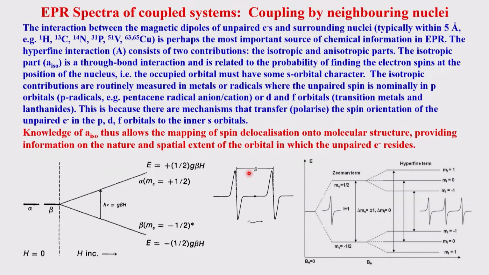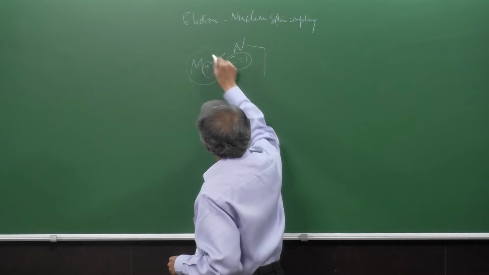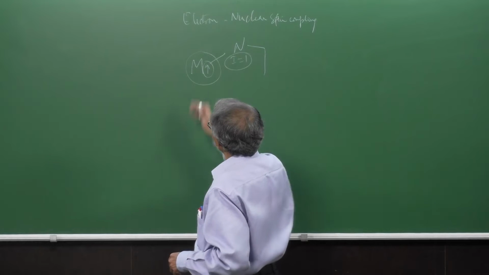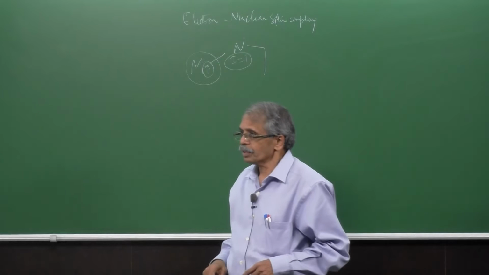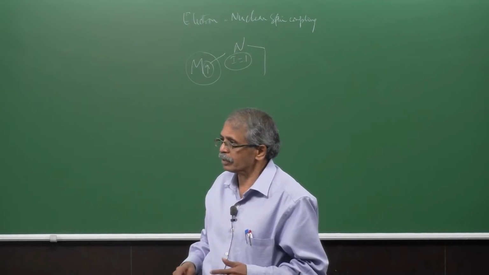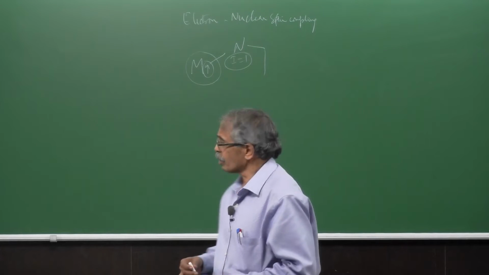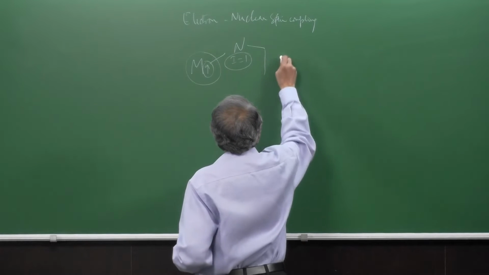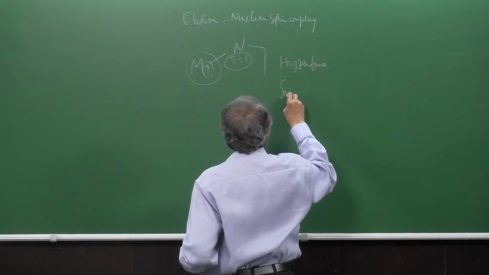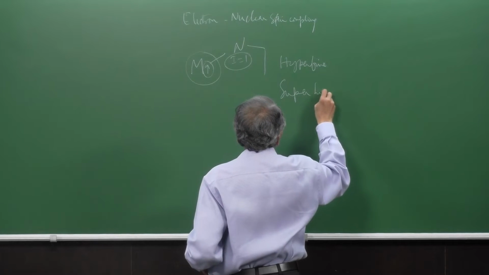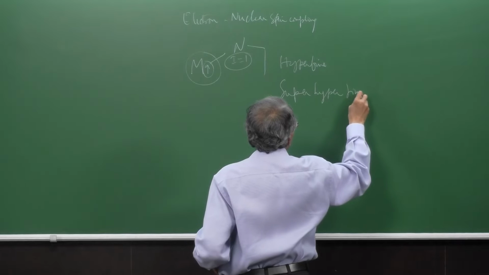Okay. And also the electron that is belonging to a particular metal. Each metal has a different kind of I value, so even that also gives a signature. One is the hyperfine, the other is the super hyperfine coupling. These are referred to as the hyperfine and super hyperfine coupling.